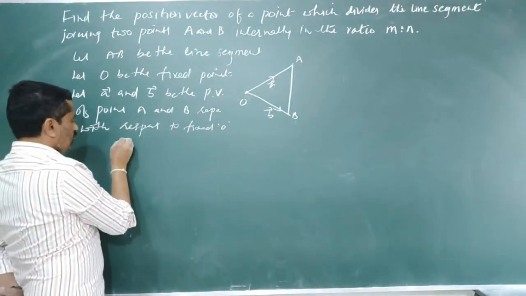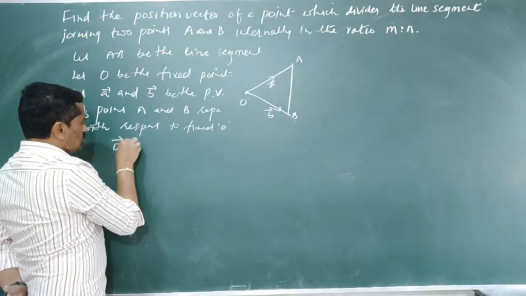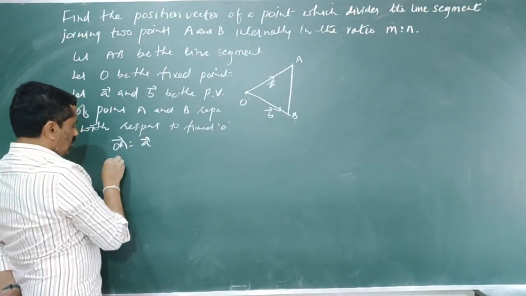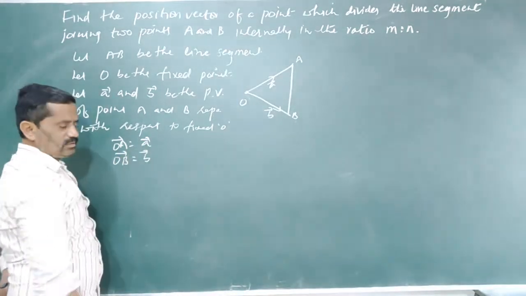Then we have OA bar is equal to A bar and OB bar is equal to B bar.